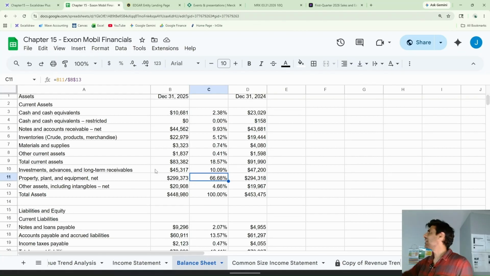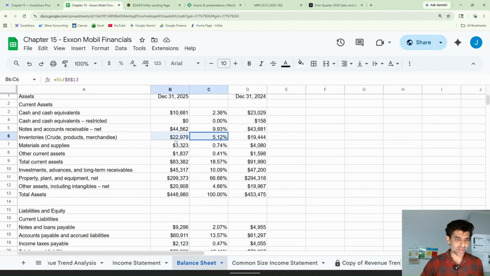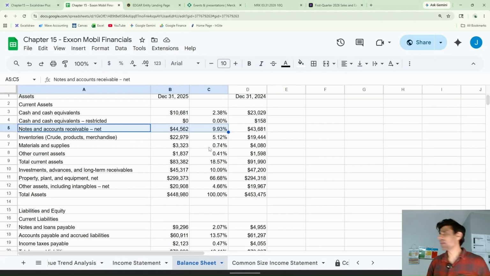They also have refineries and tankers, whatever. So it's quite obvious they're going to be very heavily in PP&E. But you can also see inventories, notes receivable, accounts receivable. It gives you a sense of how their balance sheet is broken out. What are the important assets to the business?